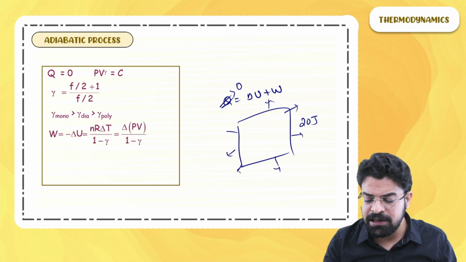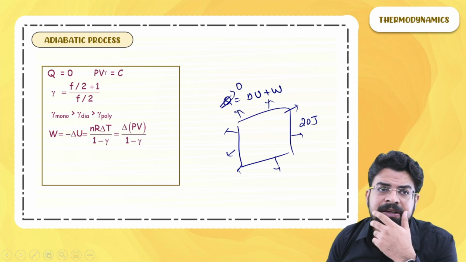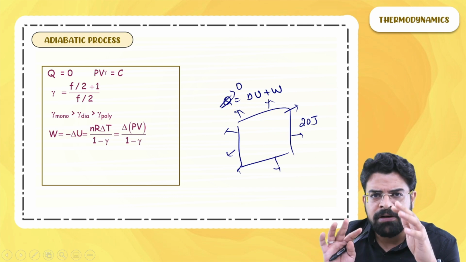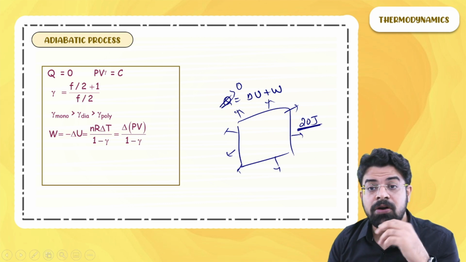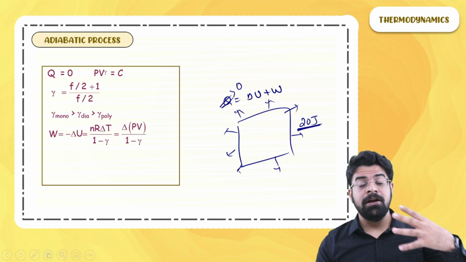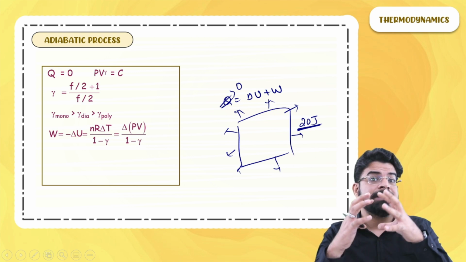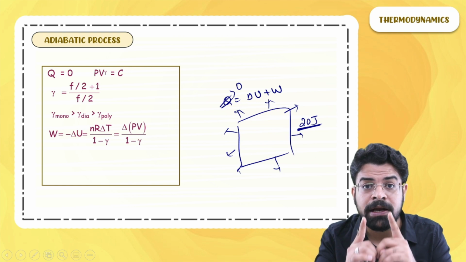So from where did it get the energy to do a work of 20 joule on the surrounding? If the gas expands and does a work of 20 joule and you haven't provided any heat, it means that the gas has done work at the cost of its own internal energy. So if a gas undergoes adiabatic expansion, it does the work at the cost of its own internal energy.